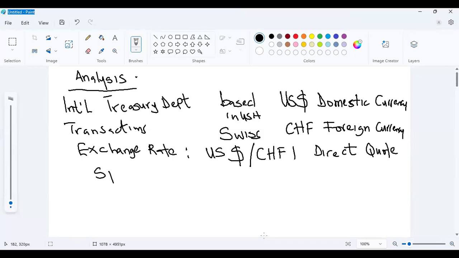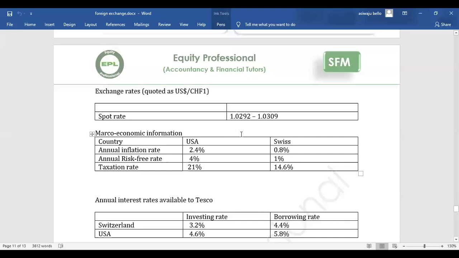The spot rates we pick: $1.0292 to $1.0309.